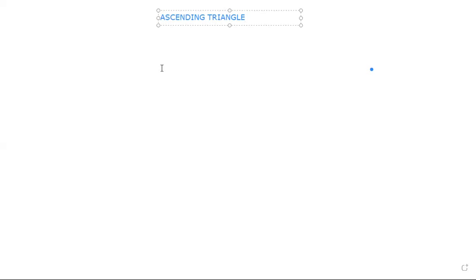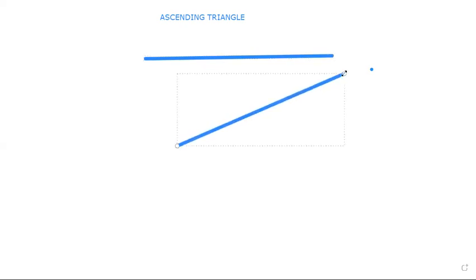An ascending triangle consists of the market making higher highs. So I said higher highs, so the market making higher lows, not higher highs, right? Higher lows into a resistance zone. I'm trying to tell you how the shape looks.